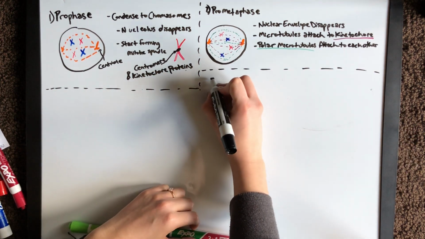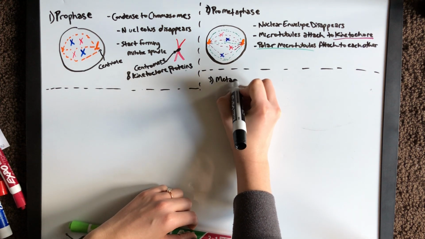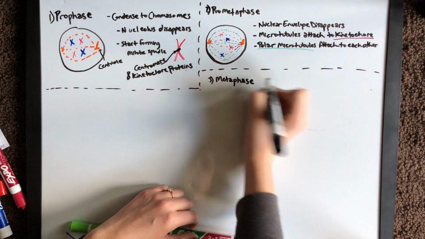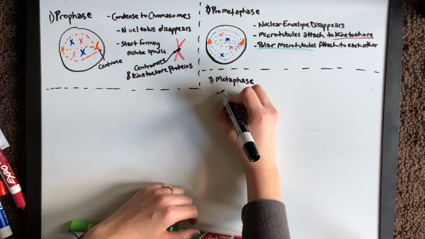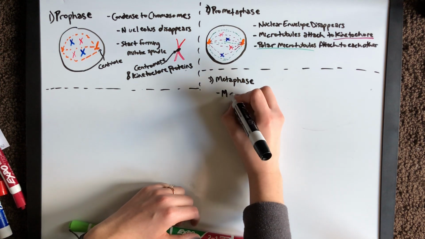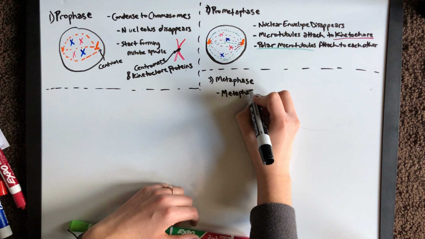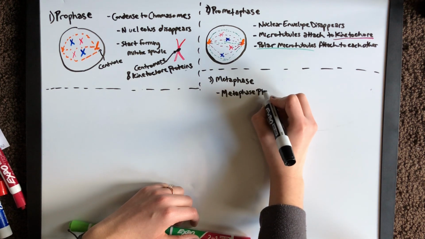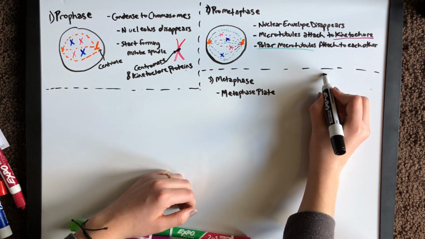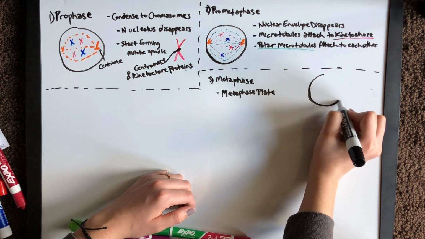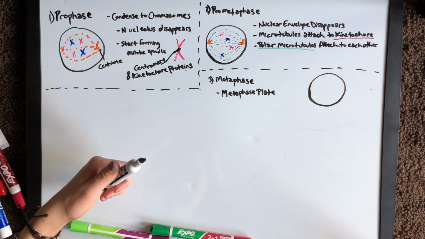Let's do metaphase here because it doesn't have too much going on. In metaphase, all that's going to happen is we line up our chromosomes on the metaphase plate. Everything else stays the same. A key word for you to remember is metaphase plate.